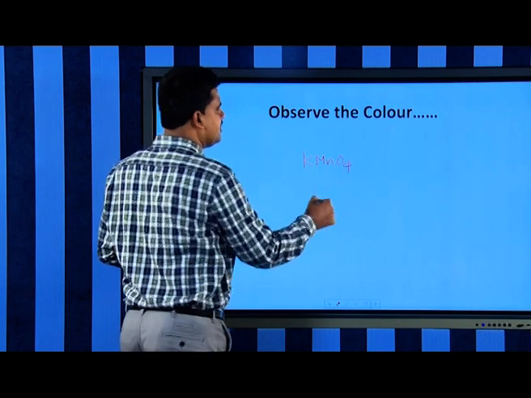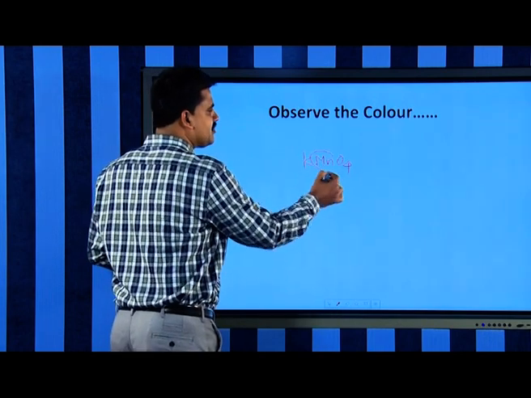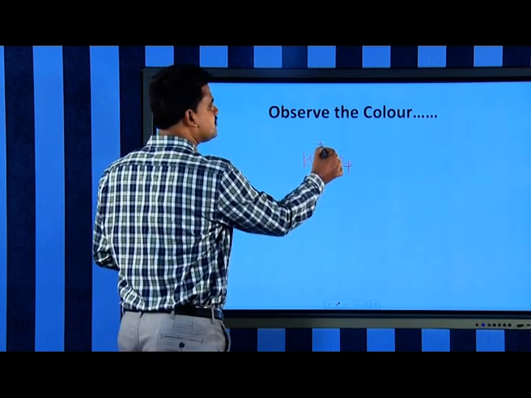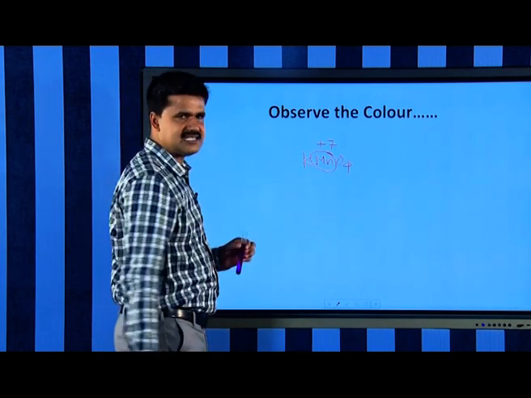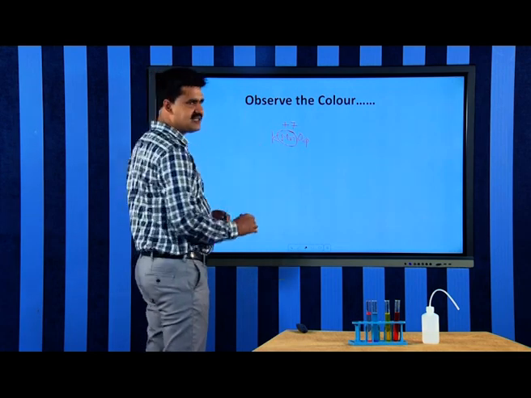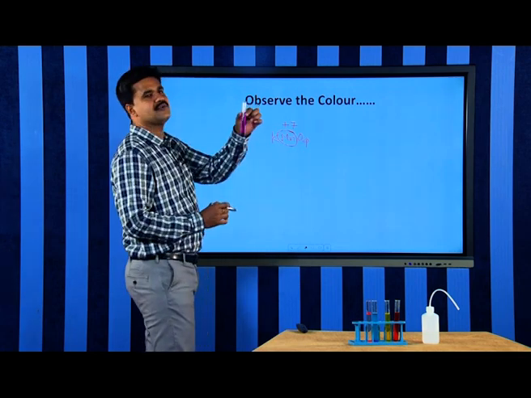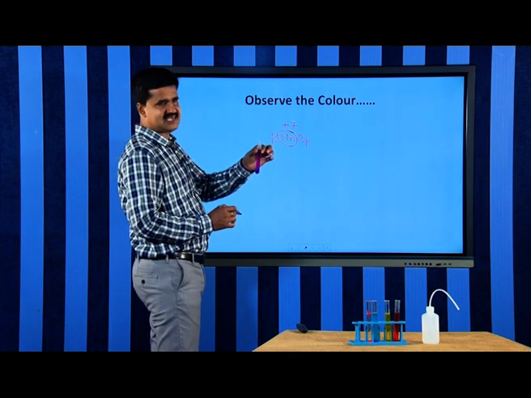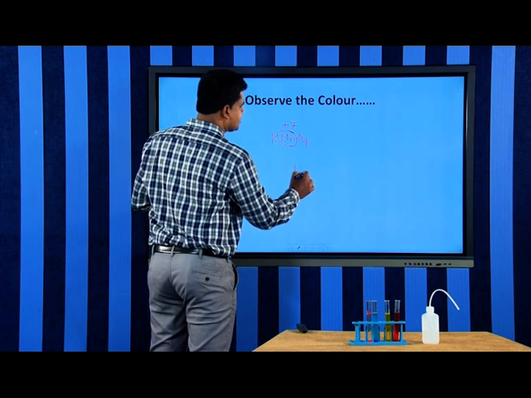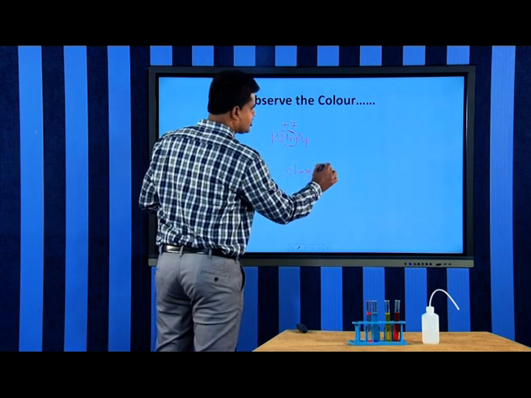Here you can see that the central metal manganese is a transition metal, and it is present in +7 oxidation state. Manganese has no d electrons present, and the reason for this intense color is charge transfer transition.